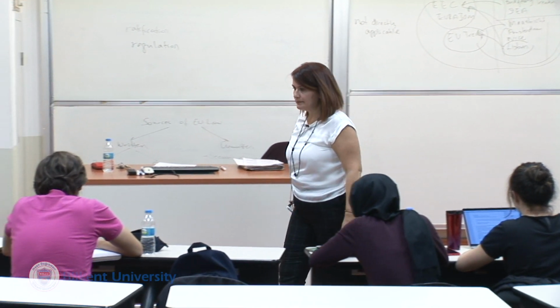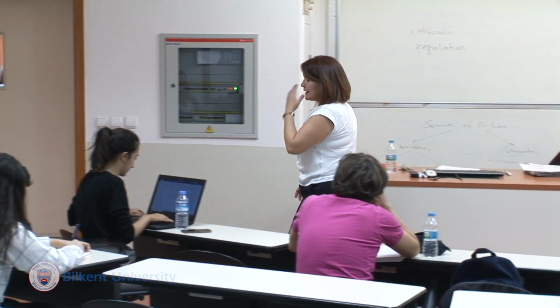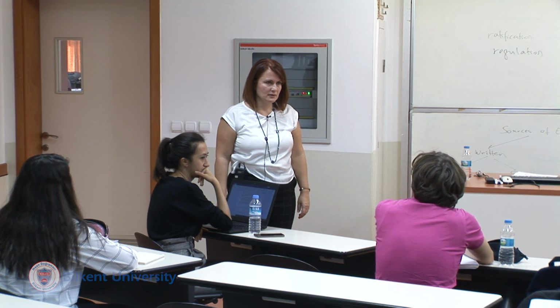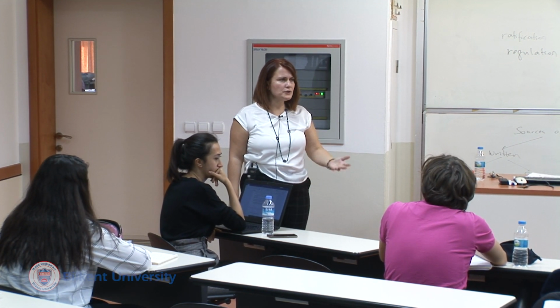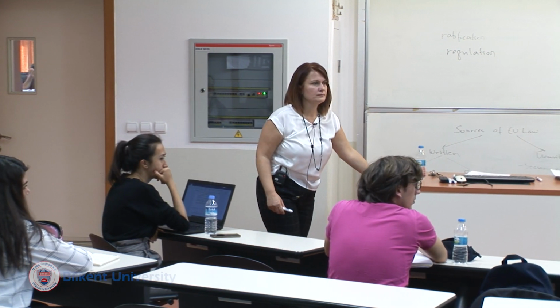What would that mean? What happens if an instrument is directly applicable? Yes, Deniz? They enter national legal systems without ratification, I mean transformation or transposition. I mean there is no need to transform the regulation anymore, so they are applicable. How do we transform an instrument into national law? Either referendum, the other one I cannot remember. It is legislated in their constitution. Exactly. It is not provided in European Union law.